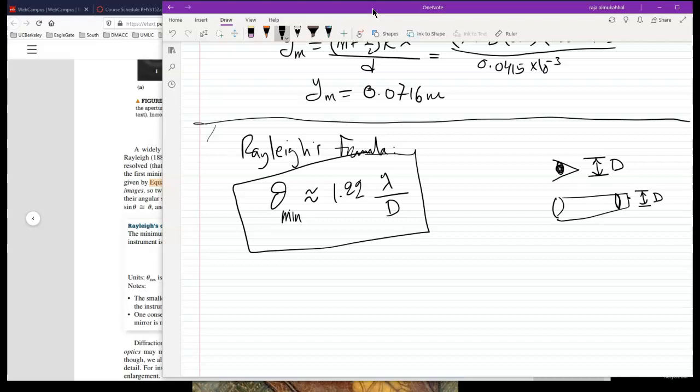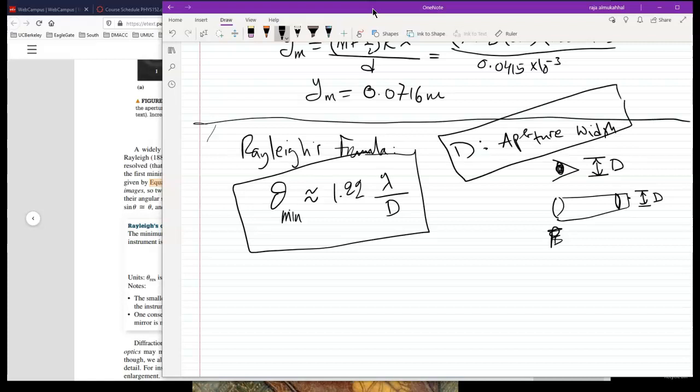Okay, there is a name to it. It's called the aperture, or the width of the aperture. Aperture width, d. Okay, basically the diameter of the objective lens, or for the case of my eye, the diameter of my pupil. Got it? Okay. And lambda, of course, is the wavelength of light.